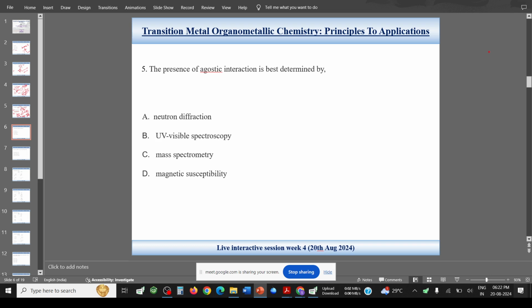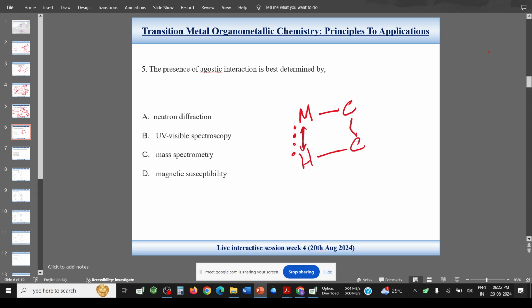The next question is, the presence of agostic interaction is best described by. The agostic interaction is metal, carbon, hydrogen. So we are considering the interaction of this metal and this hydrogen only. So how to determine whether there is any interaction or not?